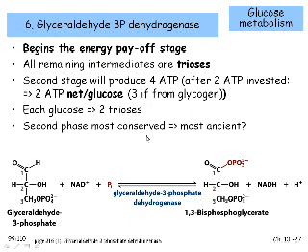Okay. That was the energy investment stage when we're setting things up so we can actually get something out of it. All we've done so far is spend money. At this stage, we're going to start doing things that are going to allow us to get something out of the glucose, or what you could call the payoff stage. The next enzyme we're going to talk about is glyceraldehyde 3-phosphate dehydrogenase.